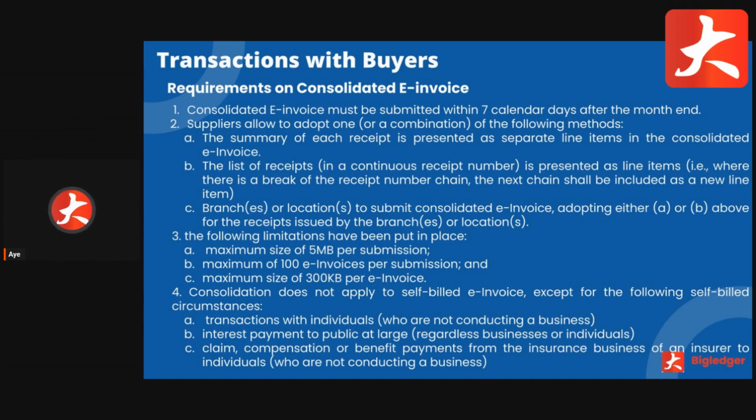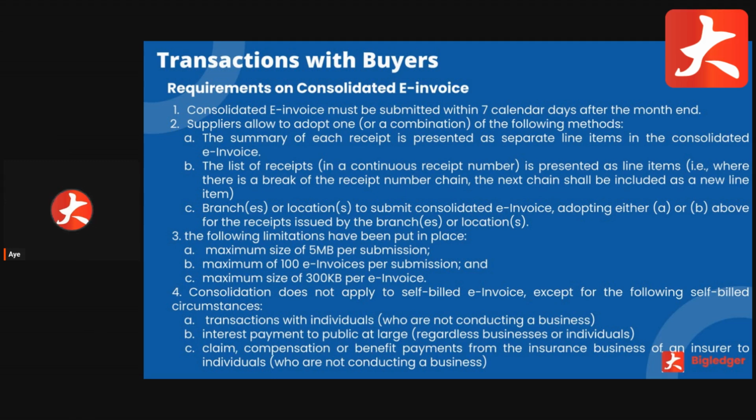Then for the amount, you need to put the total amount for those 10 receipts. But if, let's say, after 0010 it stopped, then it continues with 013, then 013 to 015, these 3 receipts must be in a separate line. So you need to make sure that it's a continuous receipt number in each line.